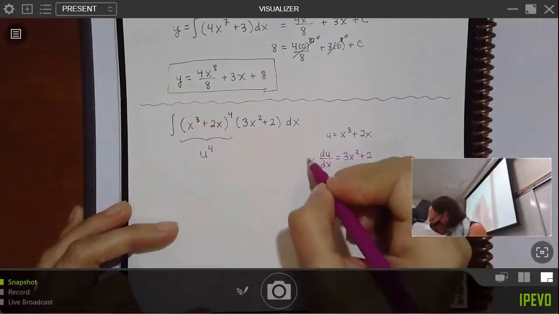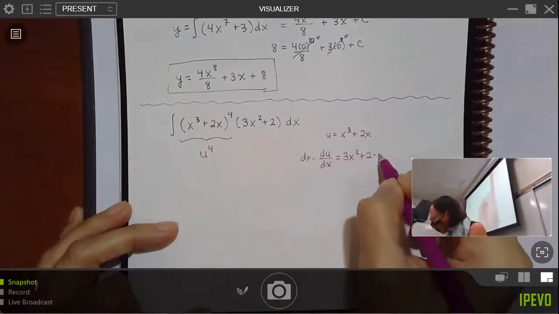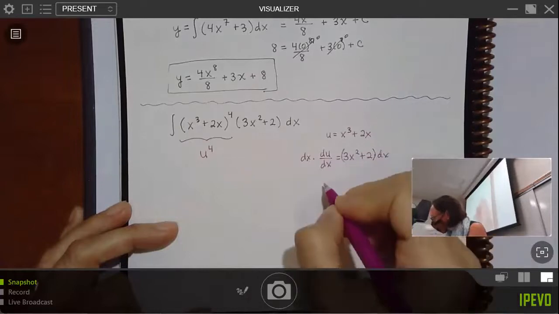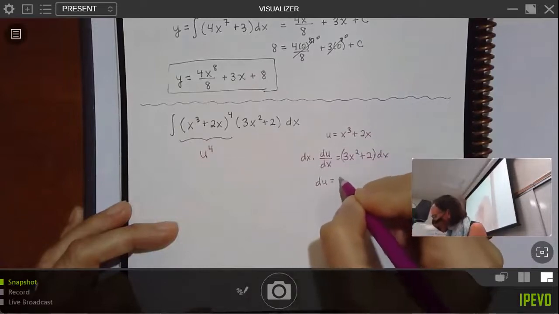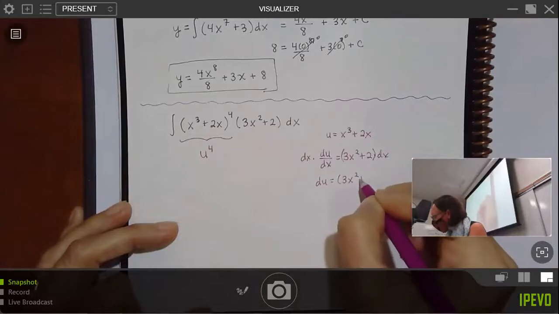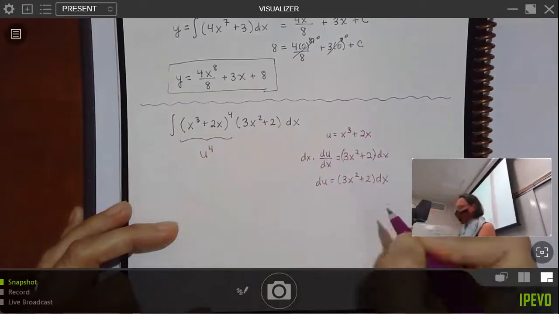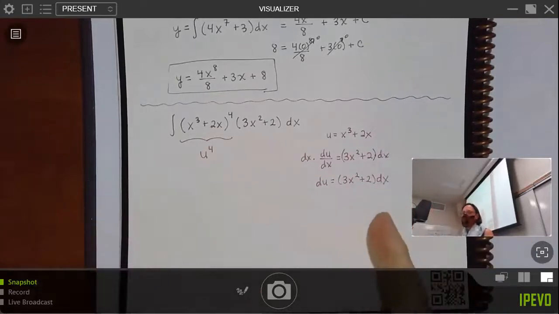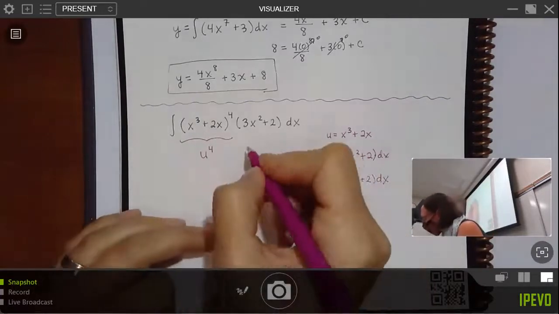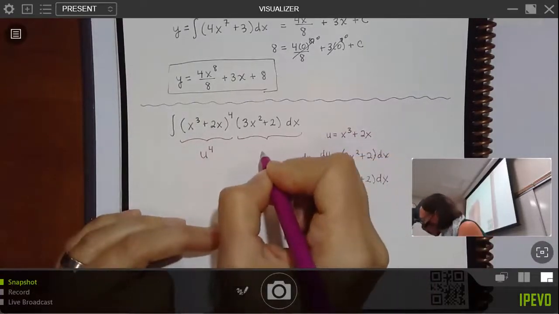Because if I multiply both sides of this one by dx, then I have du is equal to 3x squared plus 2 dx.